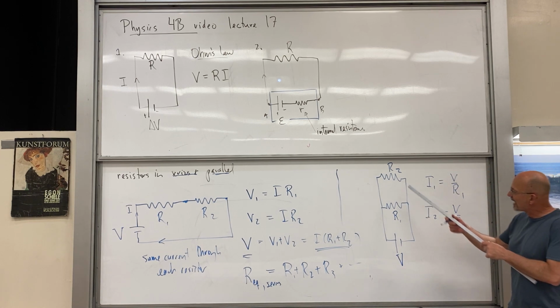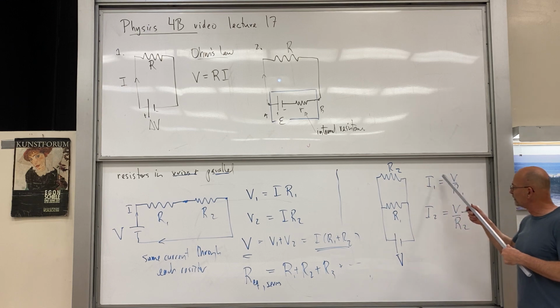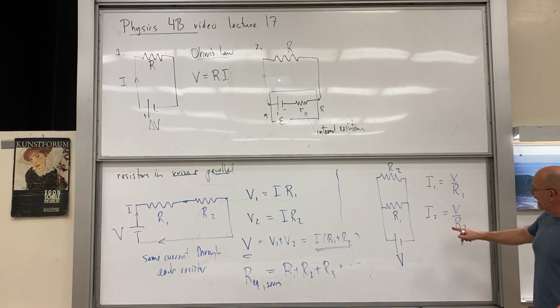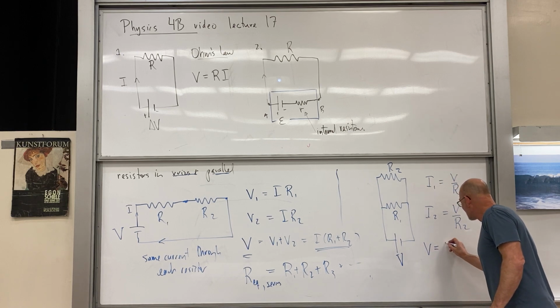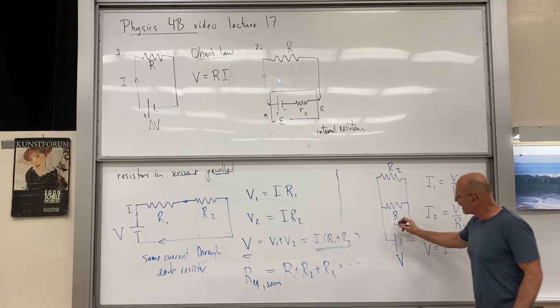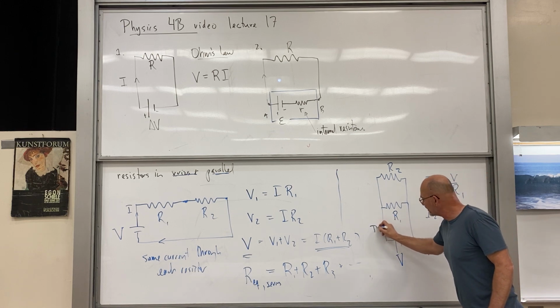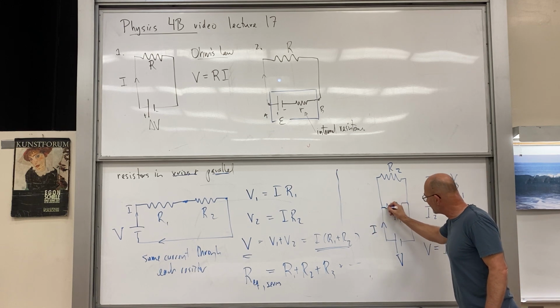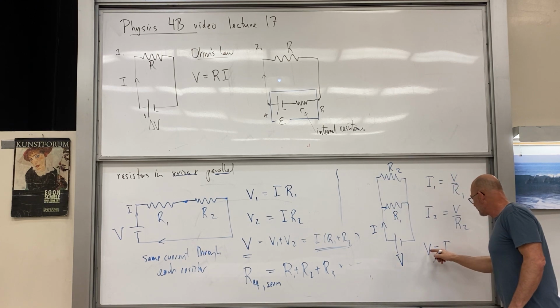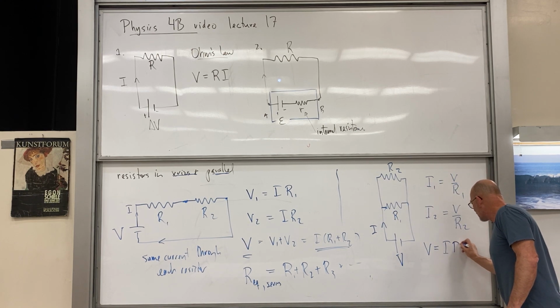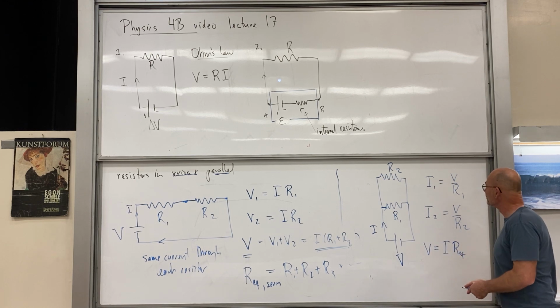And if we had a whole ladder of these, if we had several more, it would always be the same thing. And V is equal to I total R equivalent. So you have I total right here, but then across this one you have I sub 1, across this one you have I sub 2.